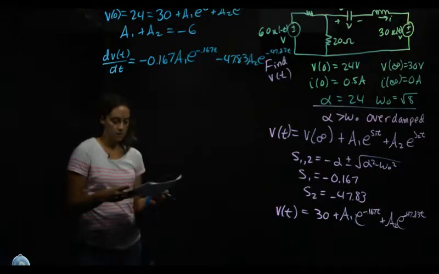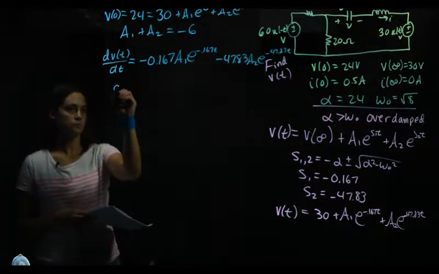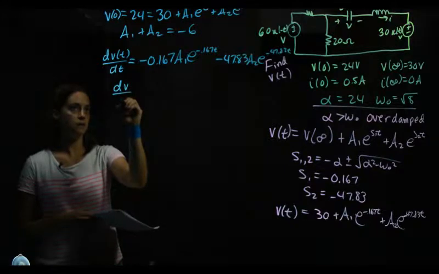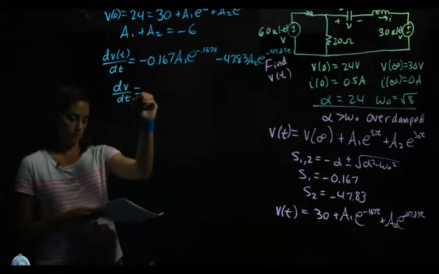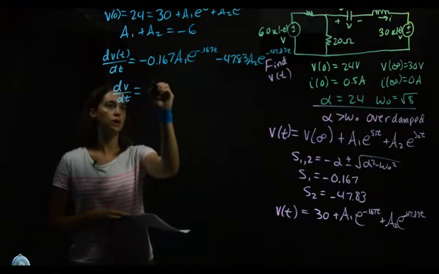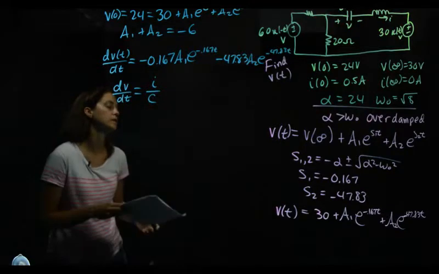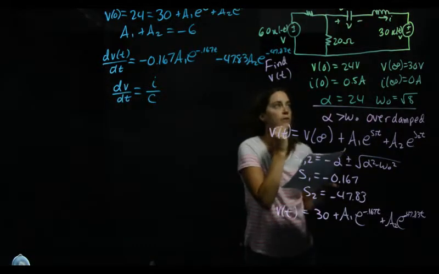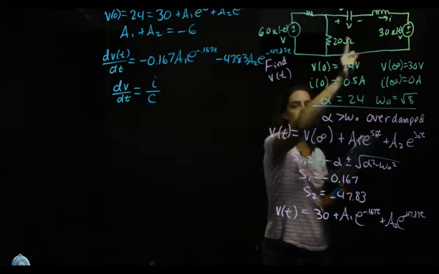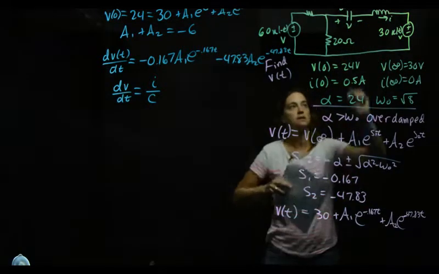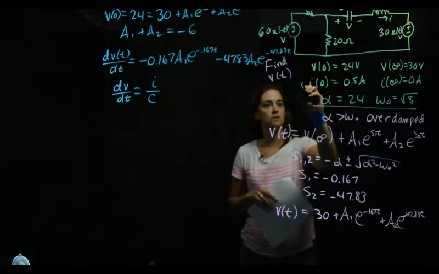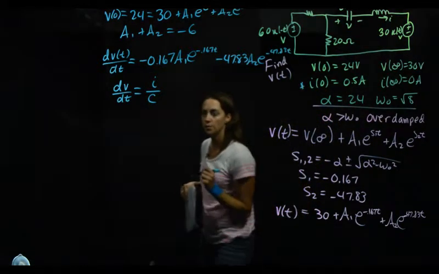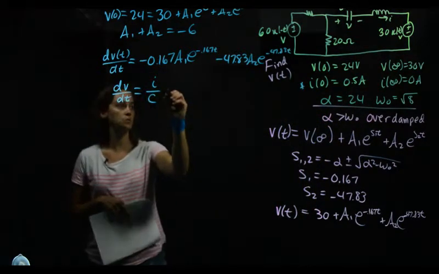We need that initial condition. We know dv by dt is equal to I over C, the current through our capacitor. Do we know that? We do, because our capacitor and inductor are in series. Since they're in series, and we were given this, we know the current through that inductor, through that capacitor as well.